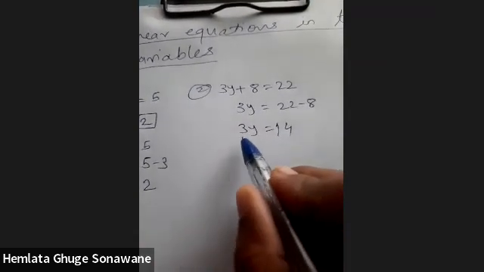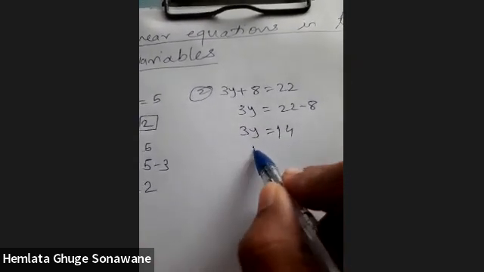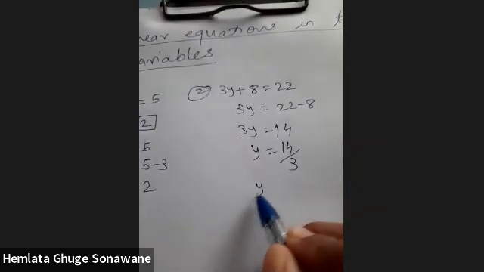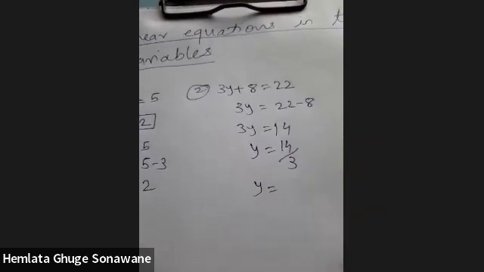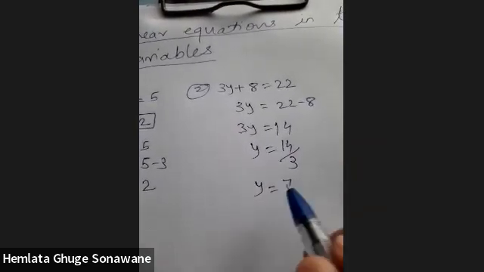Okay. Now this 3 is in multiplication form. It divides here towards the right hand side. So y is equal to 14 upon 3. Okay. We'll divide 14 by 3.